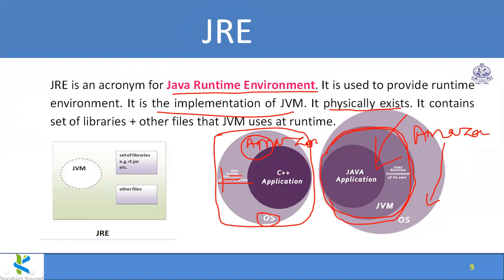This runtime environment has a set of libraries. You can think of them like the header files available for C programs, already created. Likewise here we have a set of libraries, which we call packages. Packages have the extension .jar, jar files, like compressed zip files.